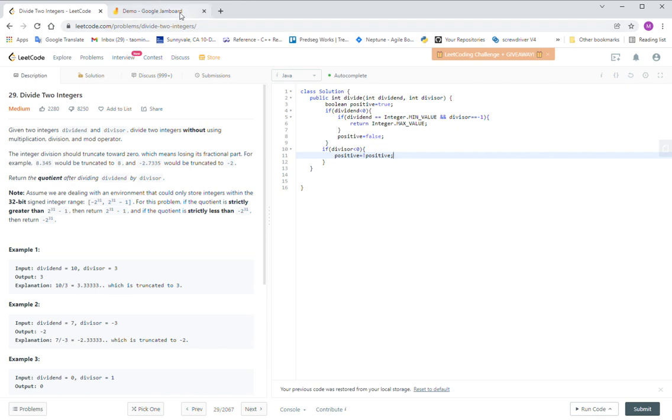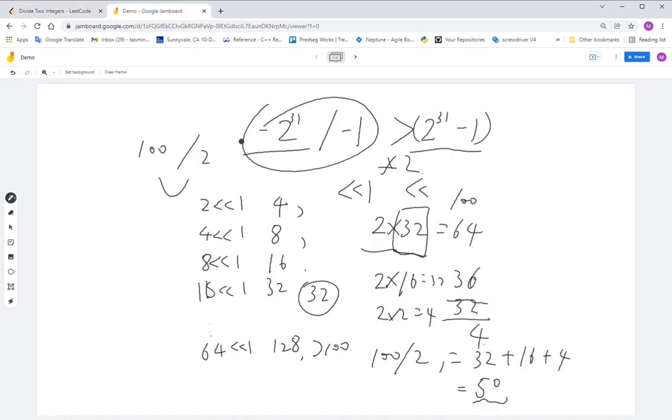However, we also need to consider one situation. Right now, we already decided the result is positive or negative. However, we can very easily calculate 4 divided 2, right? Because both is the same, both is positive. We also can handle this one, right? Both is negative.